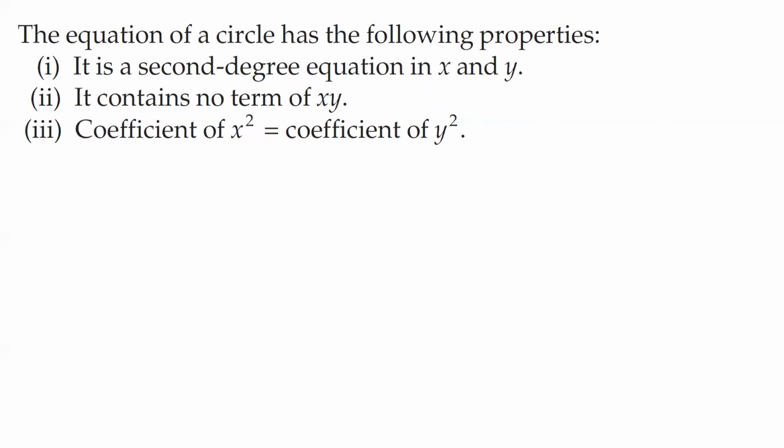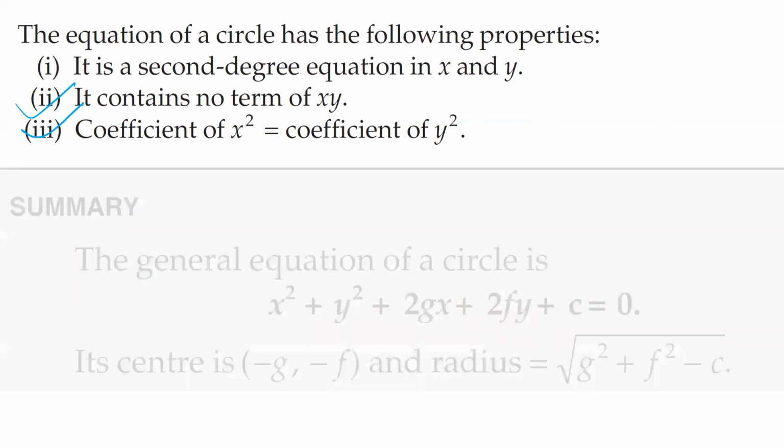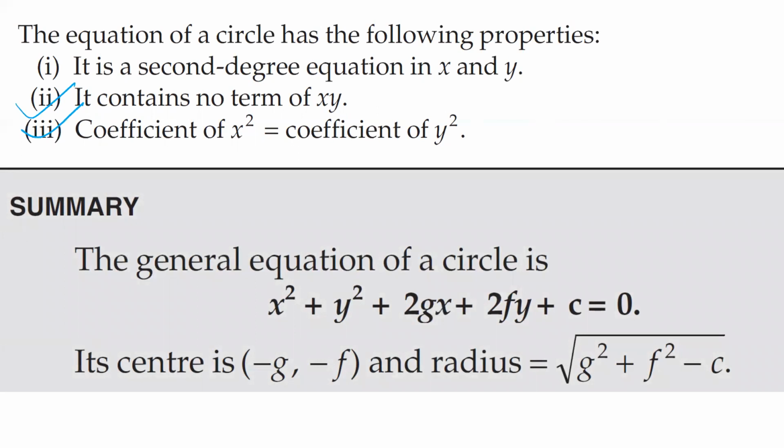If a question asks you in the examination when a second degree equation represents a circle, you have to mention that when the coefficient of x squared is equal to the coefficient of y squared, and it doesn't contain the term xy, and also g squared plus f squared minus c has to be greater than 0. Okay, so these are the requirements.